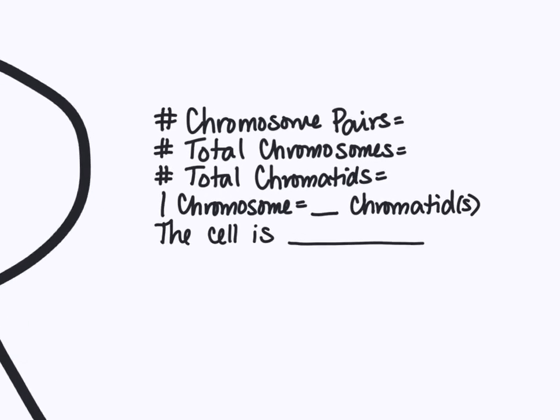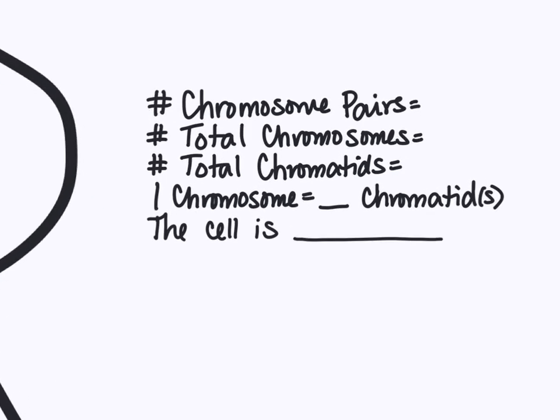So if we look at the cell at this point in the cell cycle, we still have 23 pairs of chromosomes, which gives us 46 total chromosomes. So we have not added any chromosomes to the mix here. We've only added extra chromatids. So the key difference here is that we now have 92 chromatids present, and that's because each chromosome is now made up of 2 chromatids.